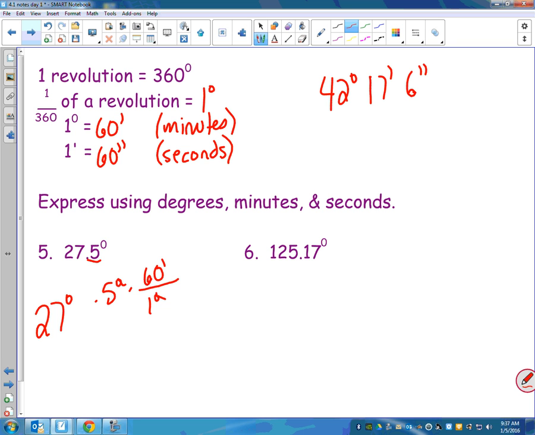And if in 1 degree there's 60 minutes, just think about what it should be here. How many minutes should be in half a degree? 30, which is what we get here. So we would write this as 27 degrees and 30 minutes. I don't have to go to seconds because there's no decimal left.